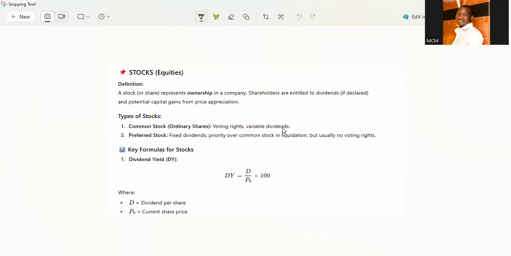We also are going to look at the important formulas that are there. So to evaluate a dividend yield, it's simply the dividend paid over the current price of a share times 100. So this is how we calculate the dividend yield.